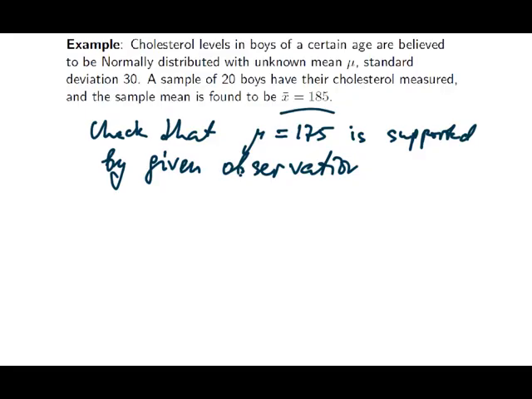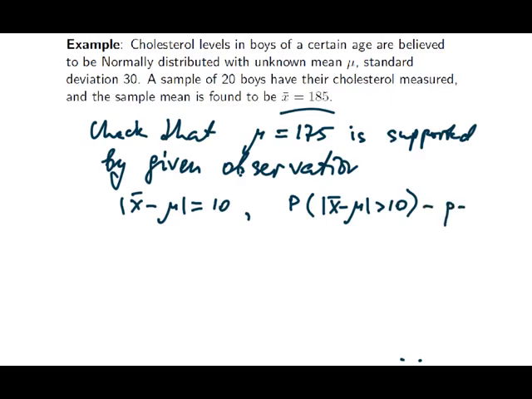The difference between the expected mean value 175 and the measured sample mean 185 is 10. And what we want to find is the probability that this difference between the sample mean and the expected mean value is more than 10. And this is called the p-value.